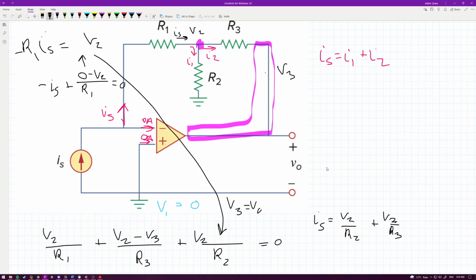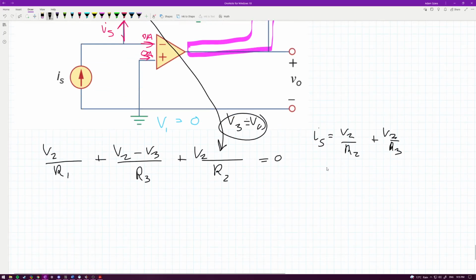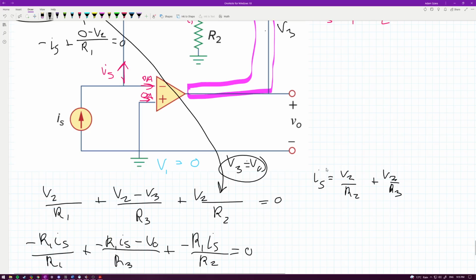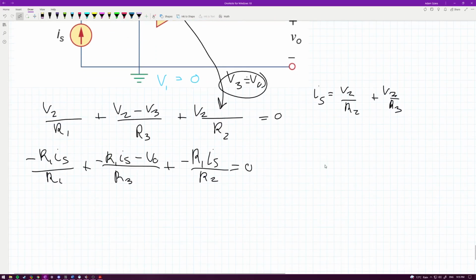So take both this and this, combine it with this equation, we get negative R1 IS over R1 plus negative R1 IS minus VO over R3 plus negative R1 IS over R2 equals 0. And now I can just solve for VO over IS or whatever it is.